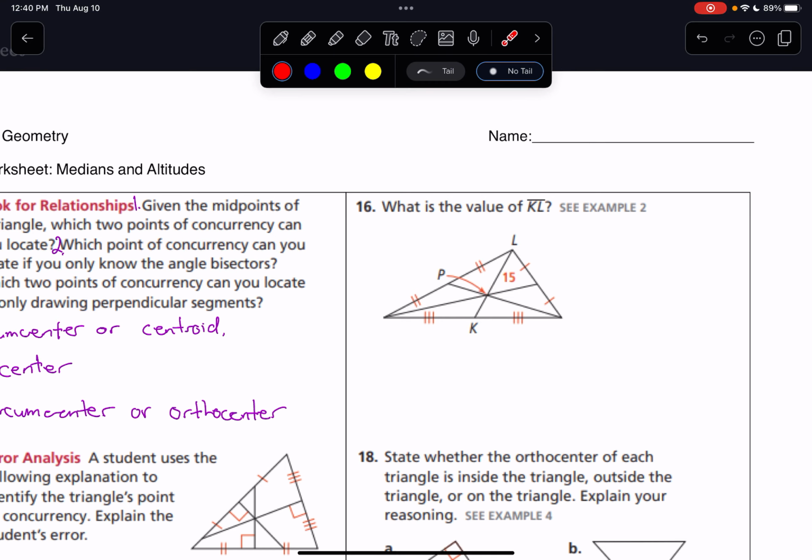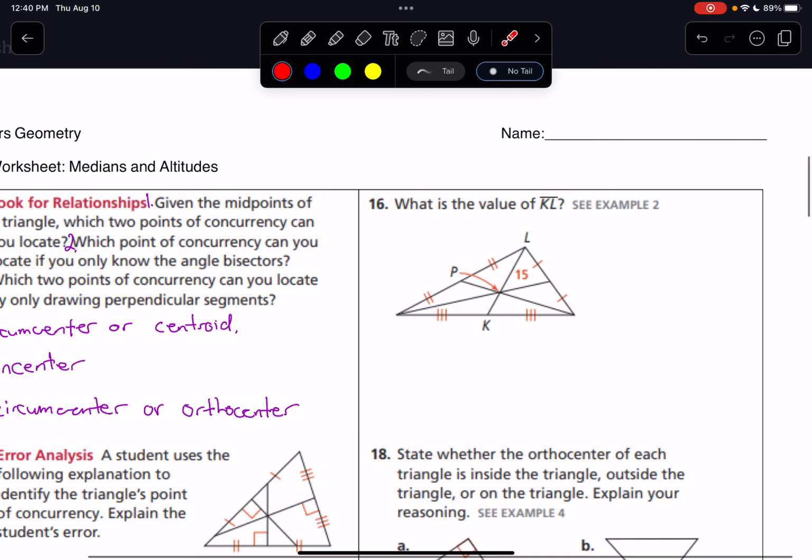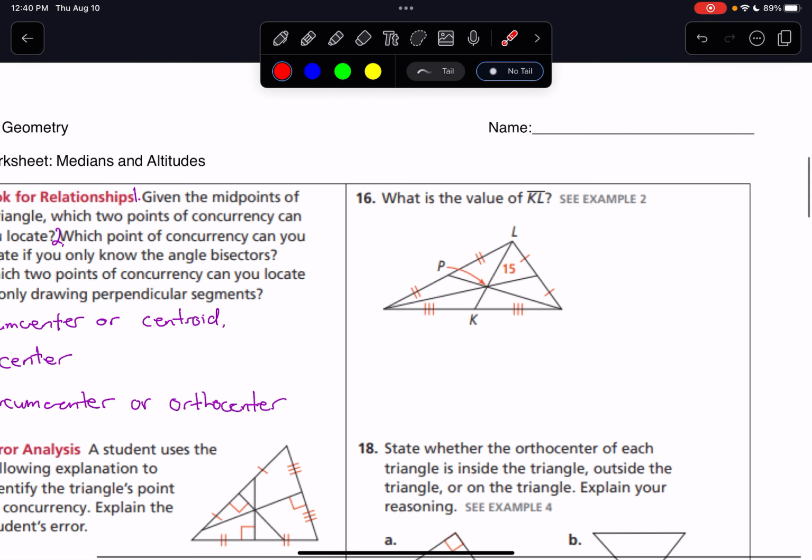And one thing we know about the centroid is that it divides the median in a 2-to-1 ratio, okay? The part with two is from the vertex to the centroid. And then from the centroid to the opposite side, that's the one part of the 2-to-1.